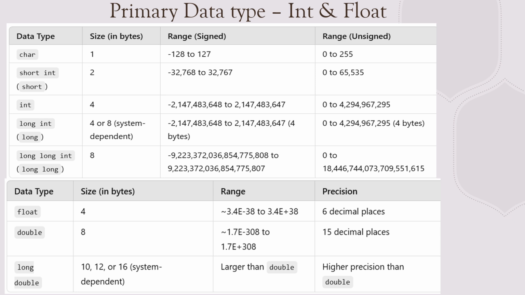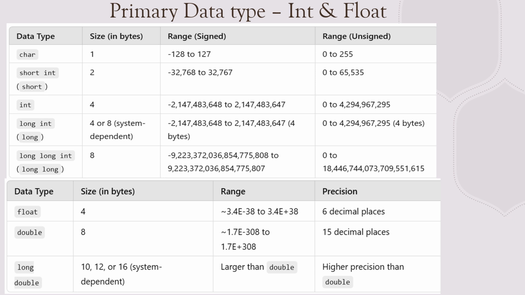And coming to float, the size is 4 bytes, and here you can look into the range. In the case of float, the precision goes up to 6 digits. And if it is a double, the byte size is 8 bytes, and the precision goes up to 15 decimal places.